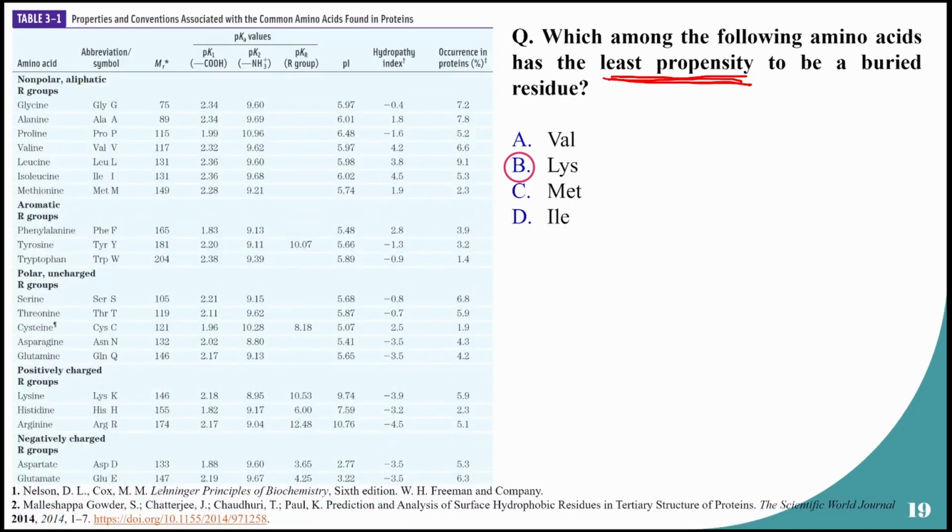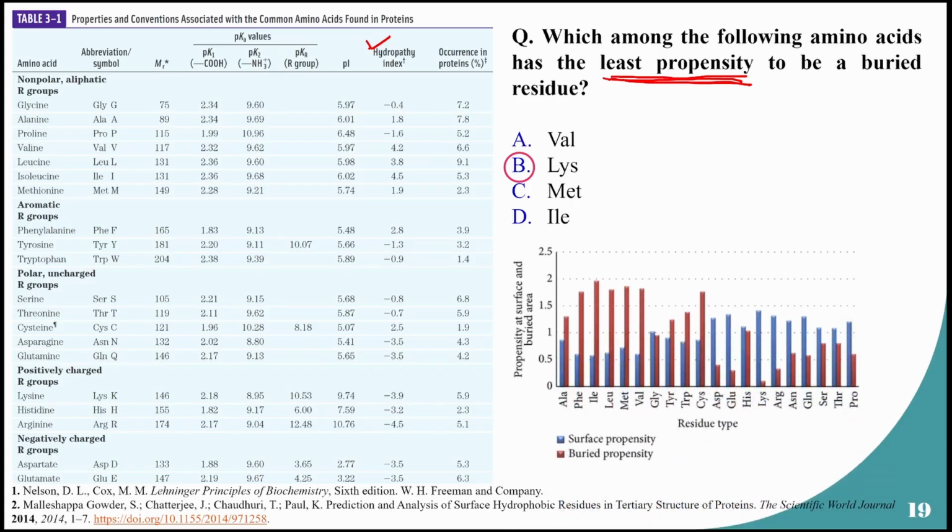Okay, if you remember in one of our earlier classes, we also went over something called the hydropathy index, which indicated the free energy change of some amino acid when we transfer it from a non-polar to a polar solvent, right?